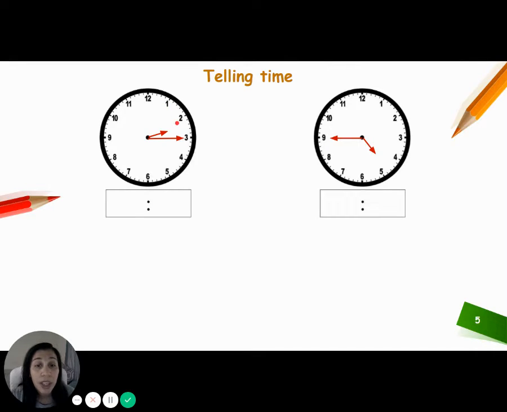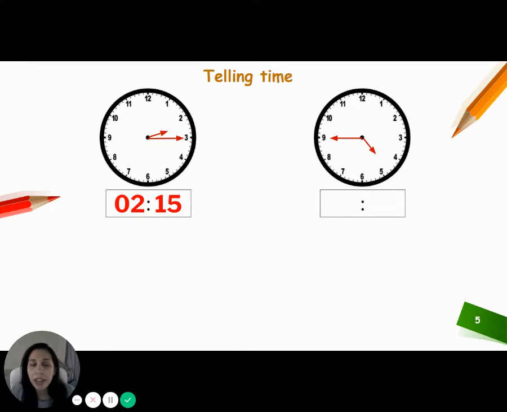When you see 2, it's been 10 minutes. So let's count by 5s together. 5, 10, 15. So the minutes is 15. And what was the hour? 2, right? So it is 2:15. That's a way you can say it.